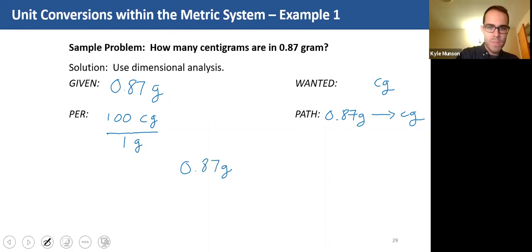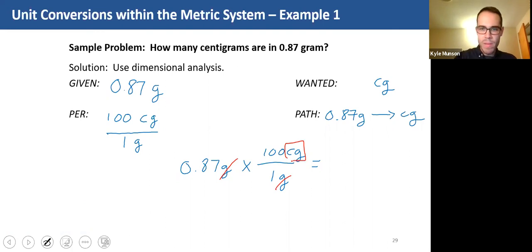0.87 grams times 100 centigrams per 1 gram equals. Notice that the units of grams cancel. I'm left with centigrams. So I plug this in my calculator. I get 87 centigrams.